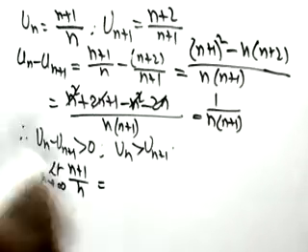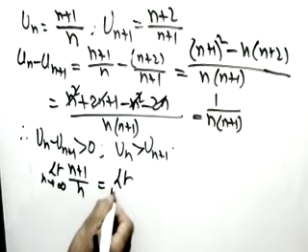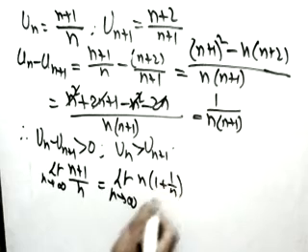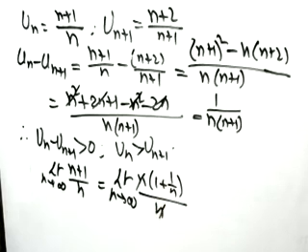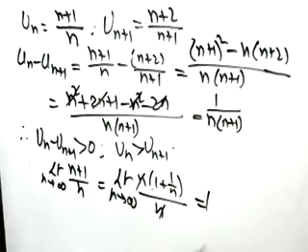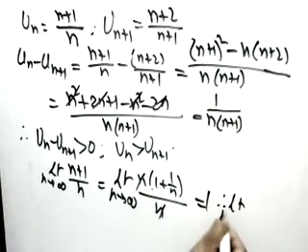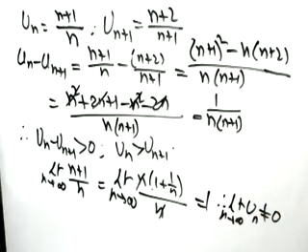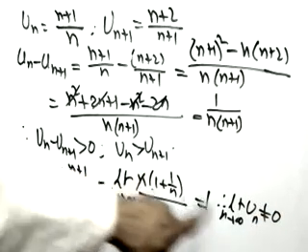So first you take n common from the numerator. You see here, limit n tends to infinity. If you take n common, you are left with (1 plus 1 by n) by n. The n will get cancelled. You substitute infinity, 1 by infinity is 0, 0 plus 1 is 1. Therefore the limit is not equal to 0. Limit n tends to infinity of u_n, we must get 0 for convergence.